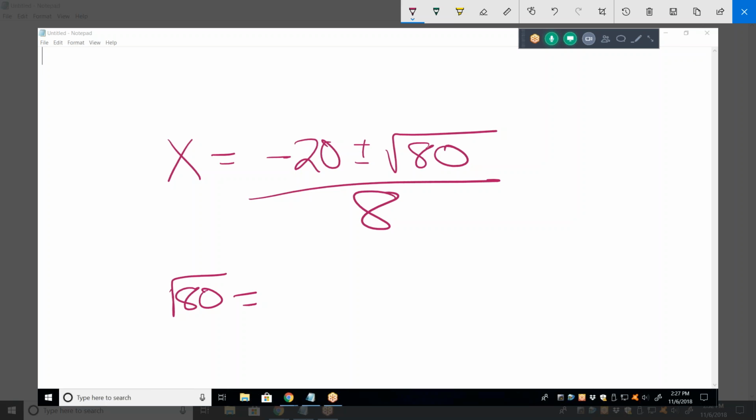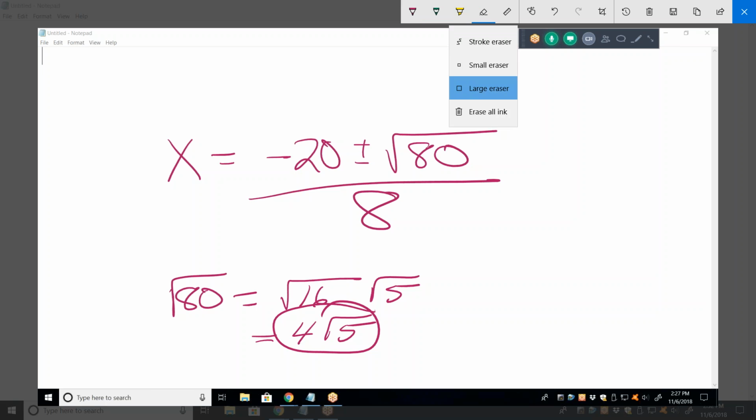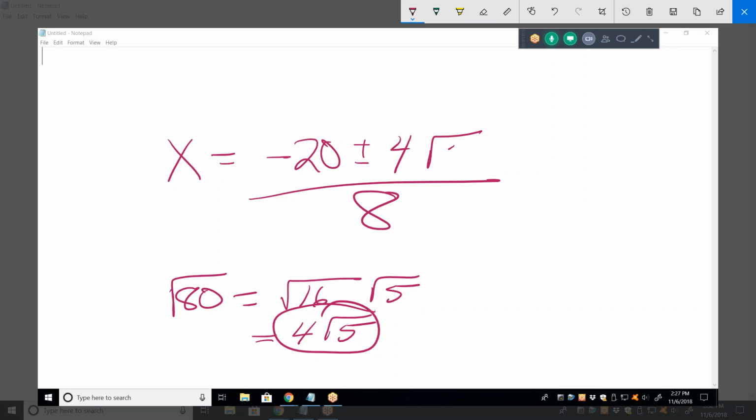In other words, 4 is definitely a factor of 80, but so is 16. Can I not write that as 16 times 5? And the square root of 16 is 4. So the square root of 80 is actually 4 square roots of 5. So let me go back up here and erase the square root of 80 and write 4 square roots of 5.